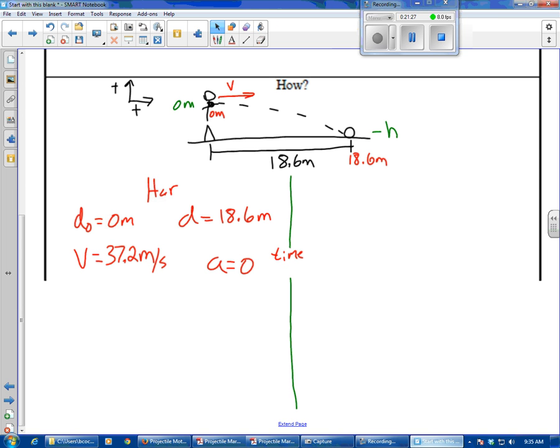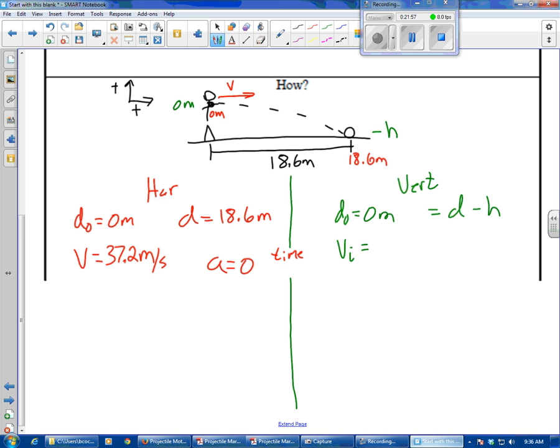Then vertically, let's think about the things that I know. Vertically, I know it starts at 0 meters. It's going to end up at negative h. What is V initial when I start? If I throw it just horizontally, how fast is it moving vertically? 37.2 is horizontal.